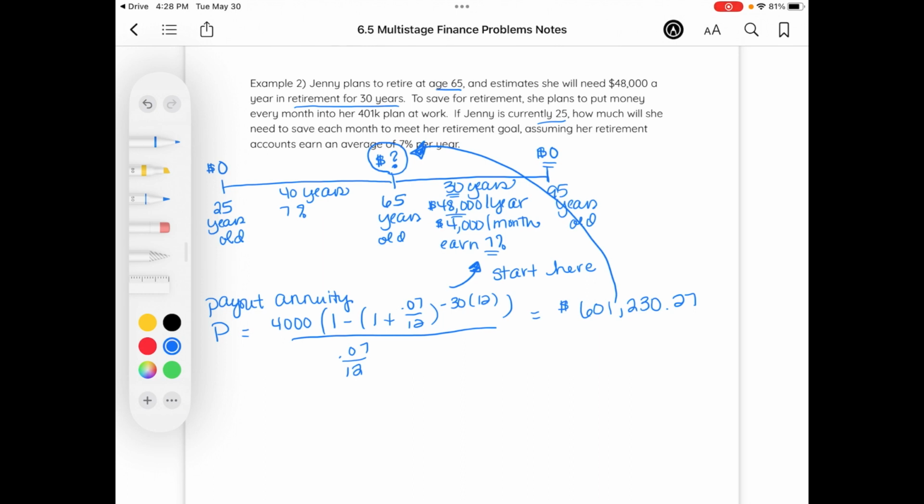So then we'll use a savings annuity in order to find the payment that we need. So a savings annuity, where our payment is at the end of every period.